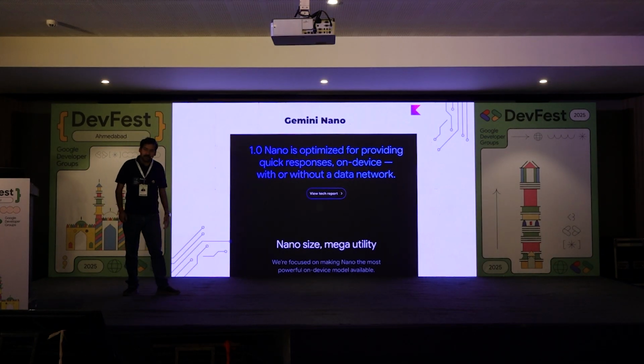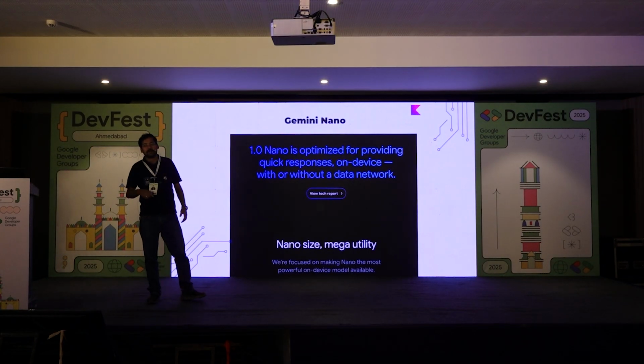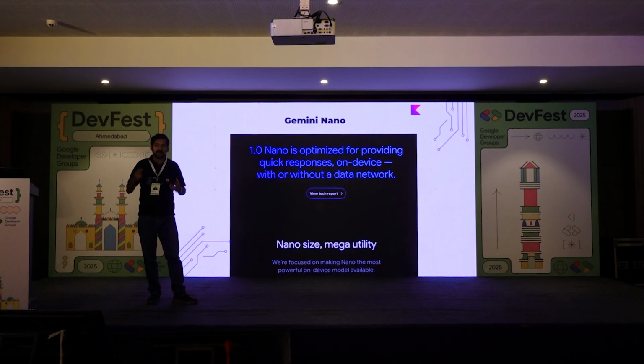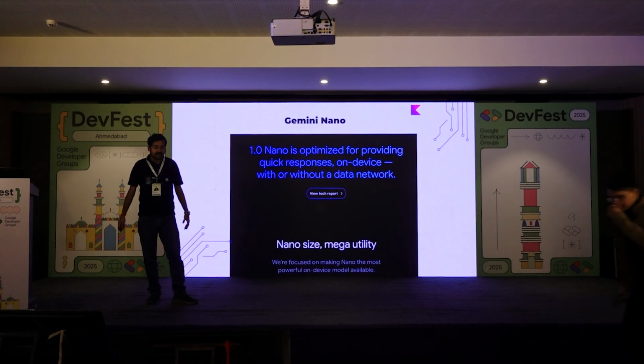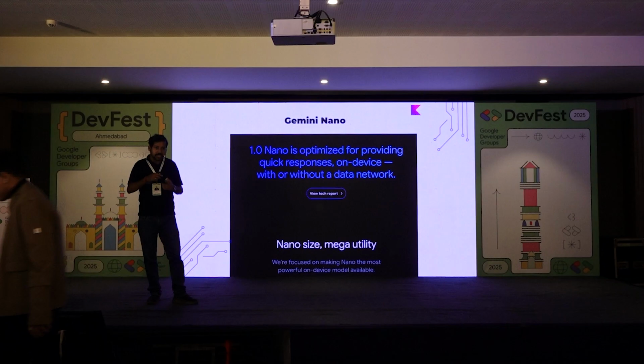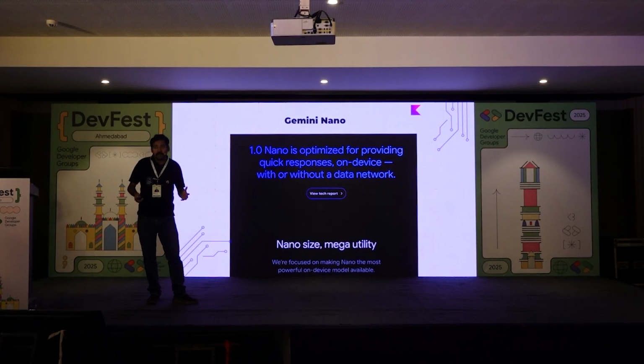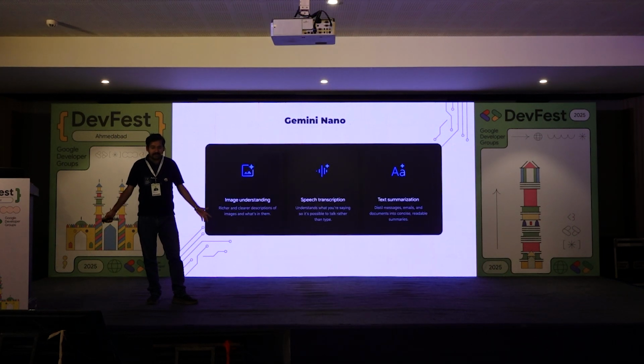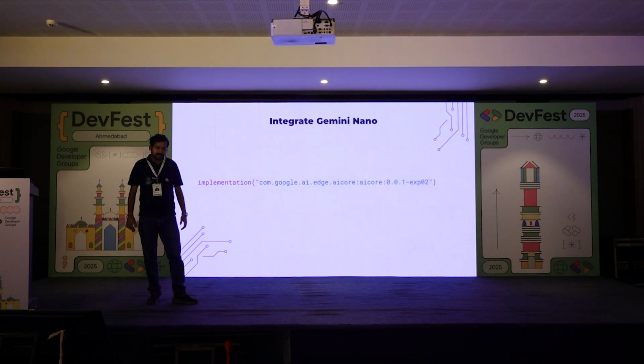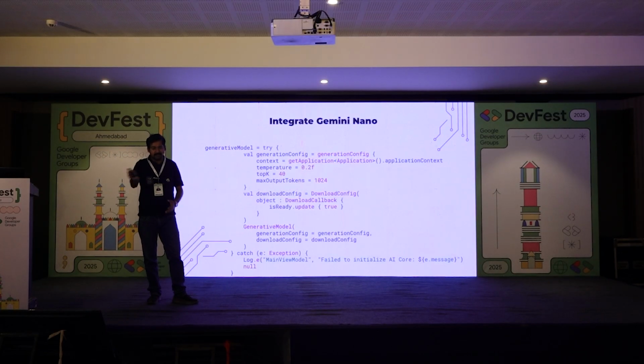Now Gemini Nano. I talked about Gemma offline, but downloading a model by yourself, uploading it somewhere on a server, it's a huge task. There are a lot of points of failure. So what Gemini Nano does is that it shares the same model across multiple apps. Google itself uses it, so there's a high chance it will already be downloaded. It has the same multimodality, and you can just add this dependency, and then this is the config.